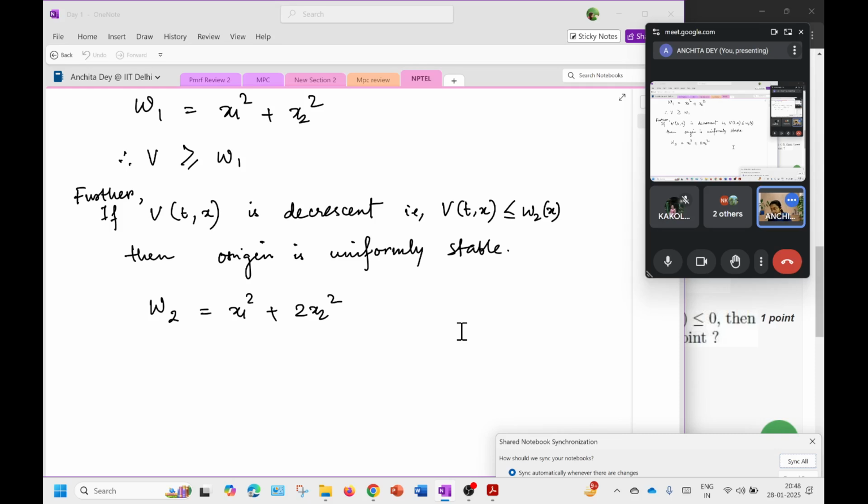If V is greater than 0, V dot is less than 0, where V is less than W2 and V is greater than W1, then you have uniform asymptotic stability. So the asymptotic part appears because now you have V dot to be less than 0.